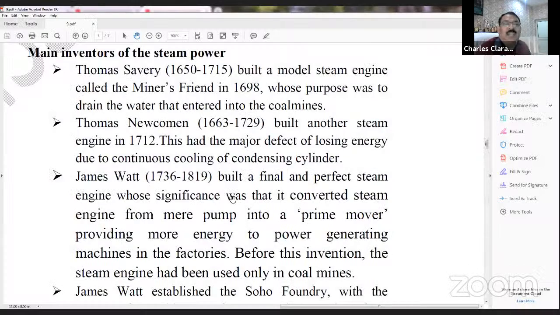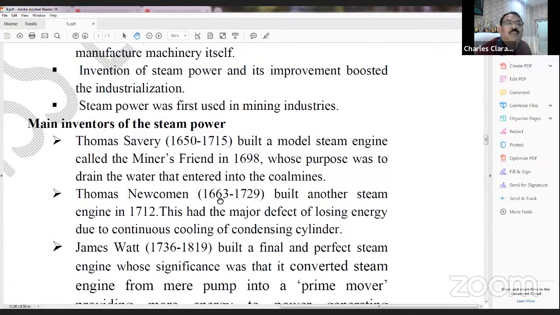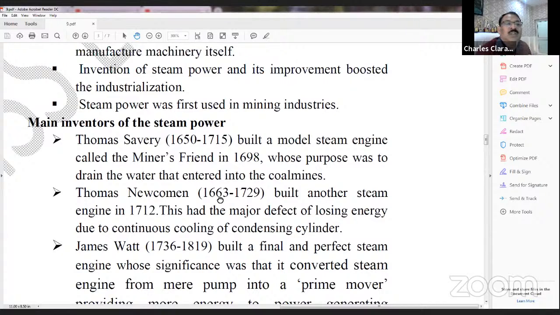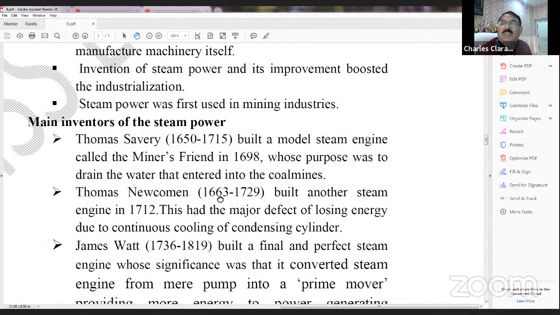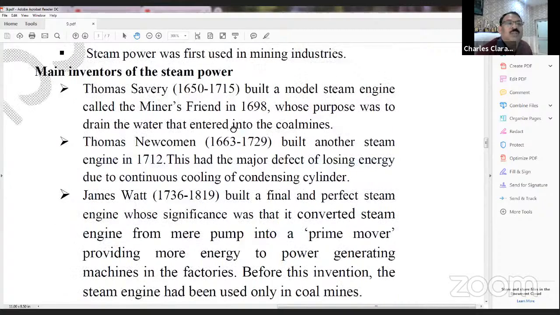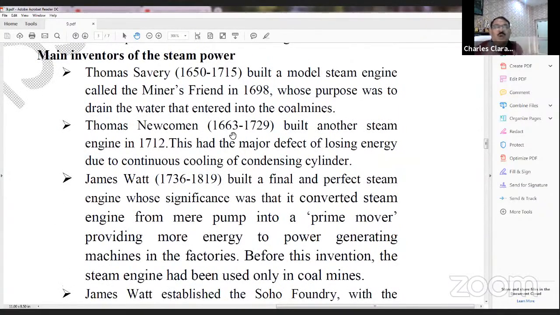So till yesterday, I had explained to you about the Industrial Revolution, about the steam power that had come in. Now we're talking about the main inventions of steam. How was the power in steam used? The first person we have is Thomas Savery, from 1615 to 1715.